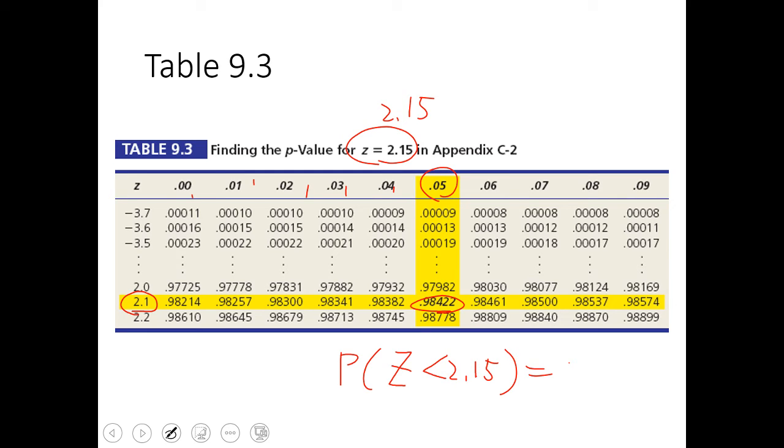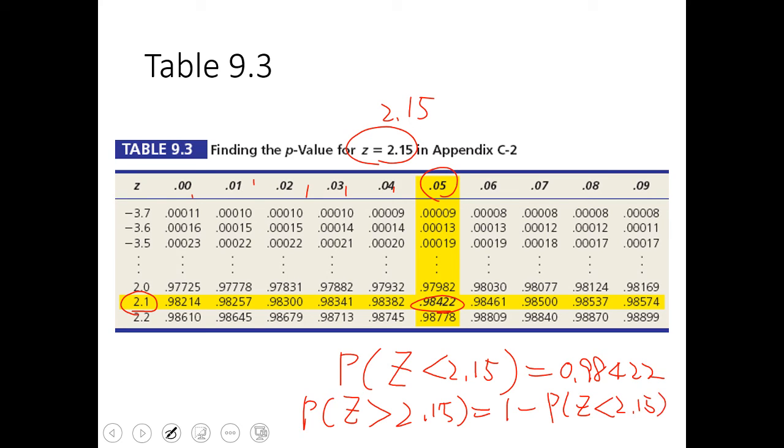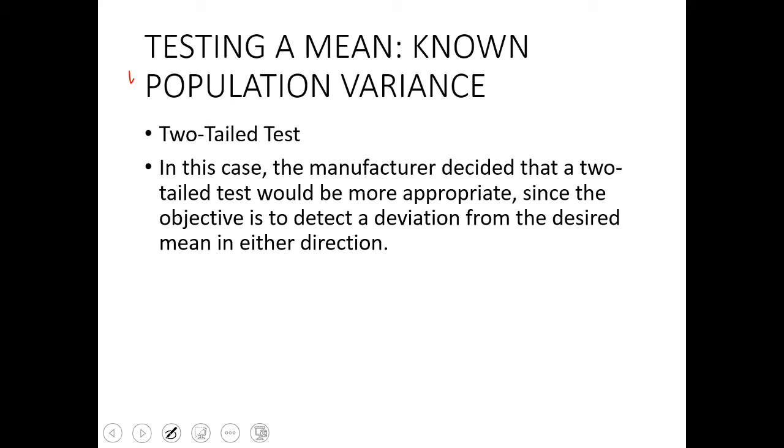That is 0.984422. So the probability that Z is greater than 2.15 is 1 minus the probability that Z is less than 2.15. So we have 0.0158 as the probability. So that is the p-value method.